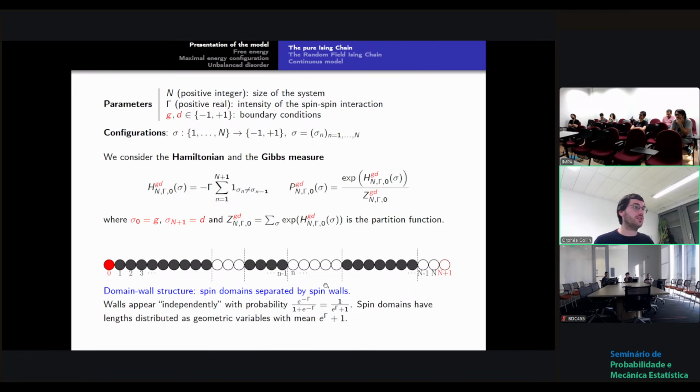So in particular, if you let the size of the system N go to infinity, you end up with a succession of domains which are geometric variables with mean exponential gamma plus 1. You should just keep in mind this order exponential gamma.